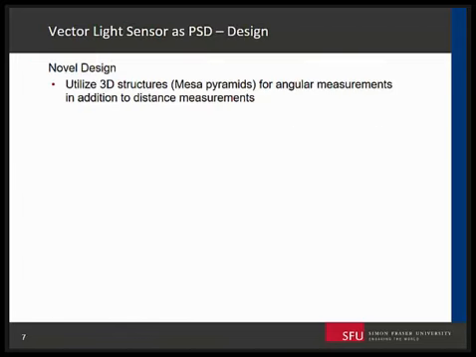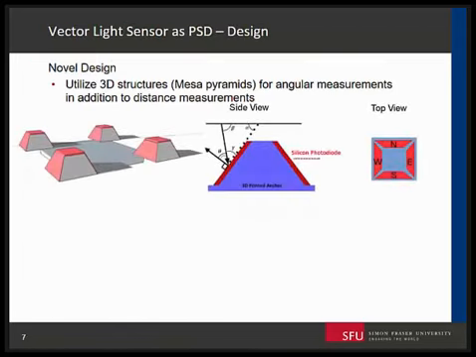That's why in our lab, our group has developed a new pixel structure, which we refer to as our 3D pyramids pixel. Using this design, we try to address the angular measurement issue that I mentioned in the previous slide.